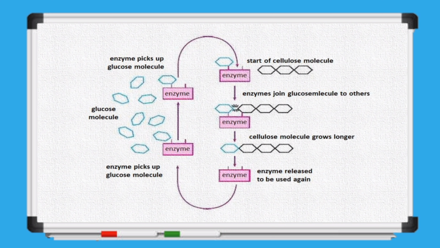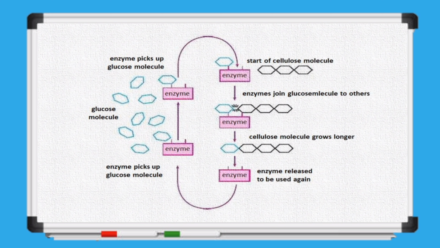This particular enzyme only works with glucose, not with other sugars like fructose or galactose. Then in step 2, the enzyme brings the glucose to the start of a cellulose chain. That means the enzyme doesn't just grab glucose, it knows exactly where to place it, connecting it to an existing cellulose molecule. In step 3, the enzyme helps join the new glucose to the chain, forming the special chemical bond needed to make cellulose. This is where its catalytic power comes in.